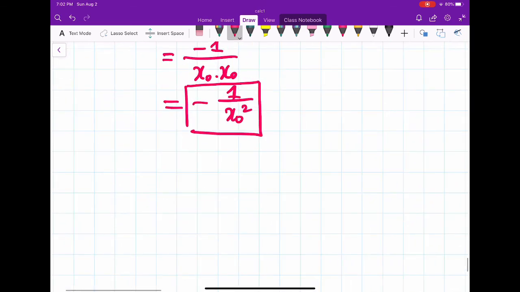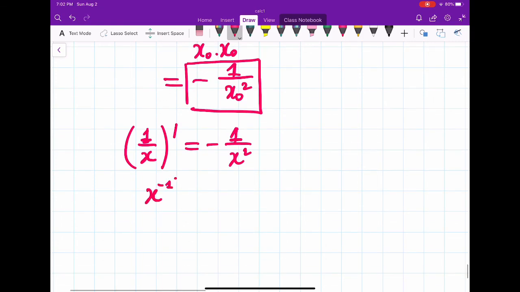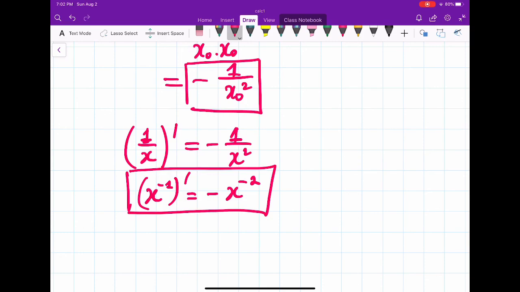So let's write: derivative of 1 over x equal to -1 over x squared. You see, it's pretty interesting, right? Or, if you pay attention, I can write the derivative of x to -1 is equal to negative x to -2. Okay, sometimes this formula is also useful.